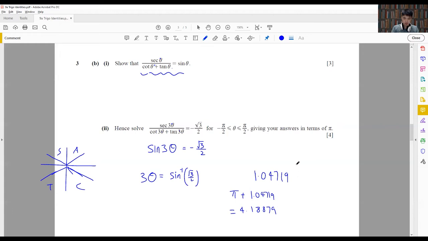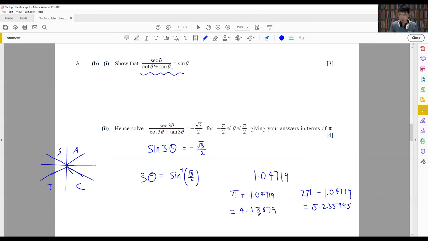And the next one will be 2 pi minus this answer, 2 pi minus 1.04719, which is going to equal 5.235995, okay?